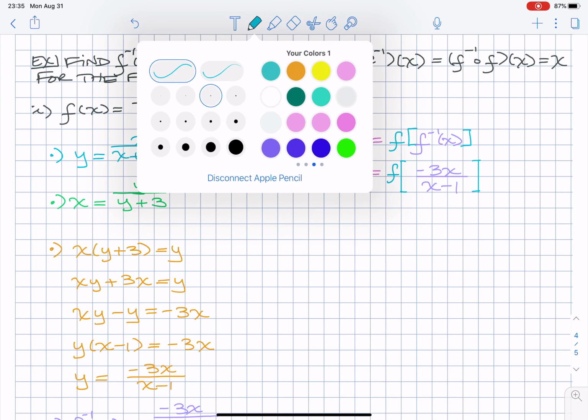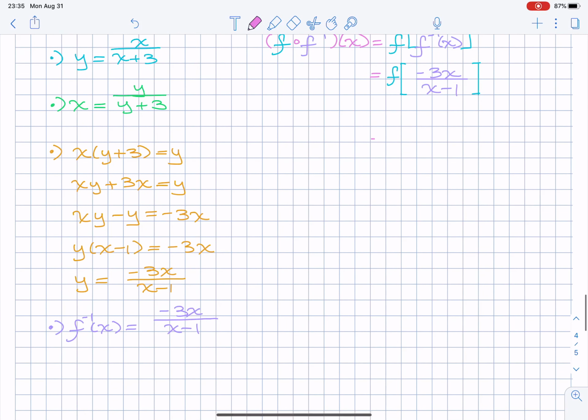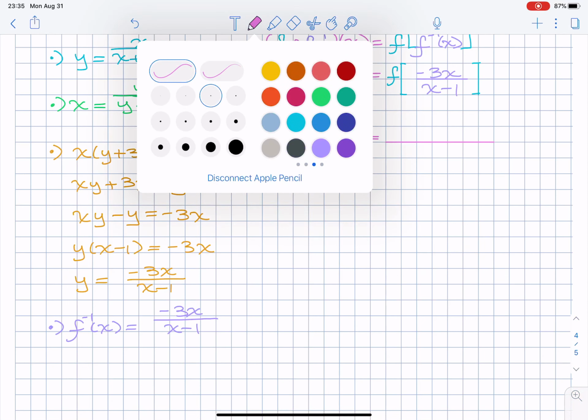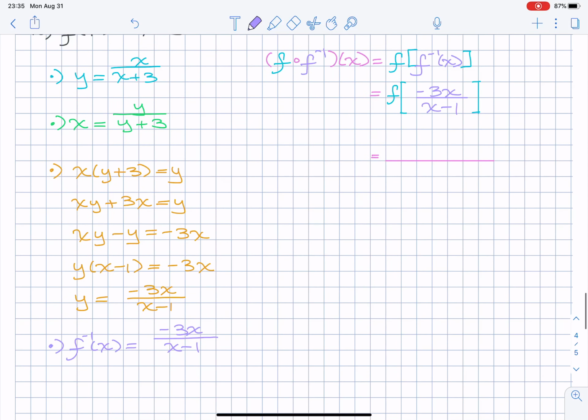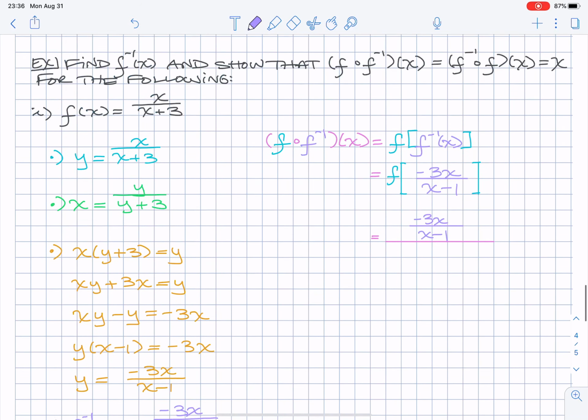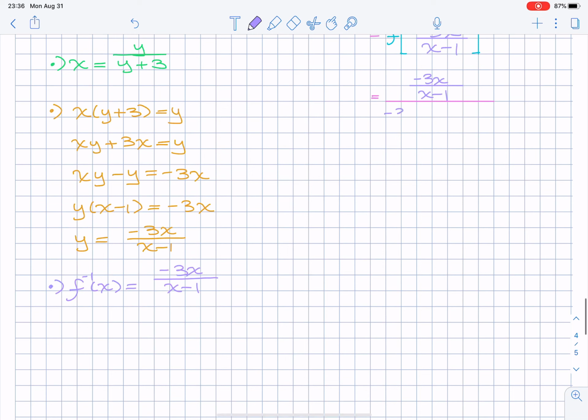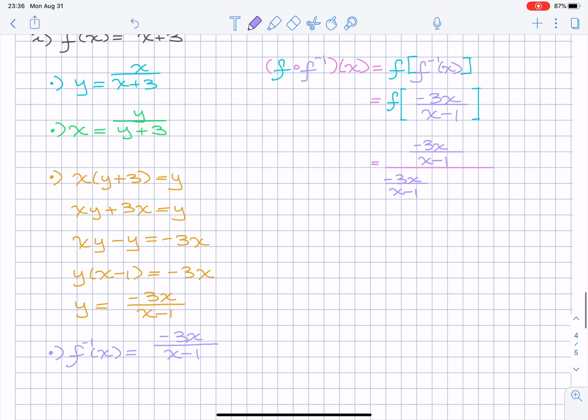So we're going to get a complex fraction. So what we get then is as follows. So instead of x in the numerator, we now have negative 3x over x minus 1. And in the denominator, we have negative 3x over x minus 1, to which we are adding 3, plus 3. So this is a complex fraction.